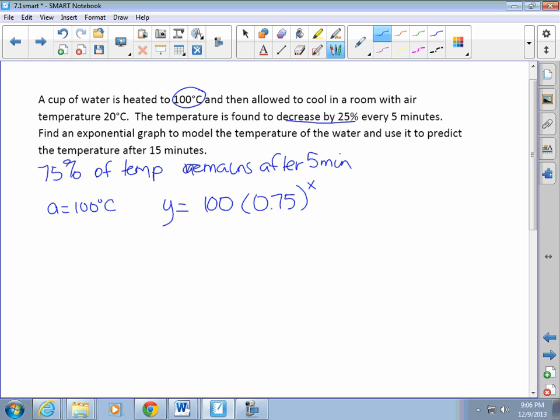So every interval, every time we check it, you're left with 0.75 of the original temperature. So the original temperature was 100, and you're left with 0.75 of that every interval. So you have to stipulate here that x is in 5-minute intervals.